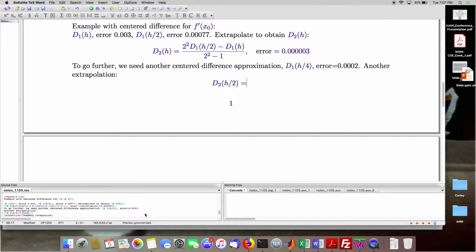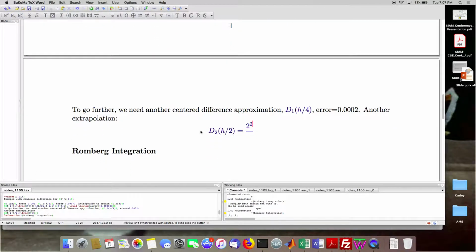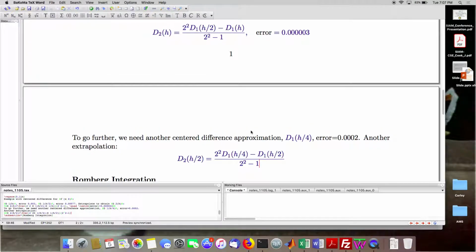So that would be 2 squared. Now, this is the less accurate approximation, and this is the more accurate one. Notice the extrapolations have the exact same form, because in all cases these are second order accurate approximations, so the scaling constants will be the same.